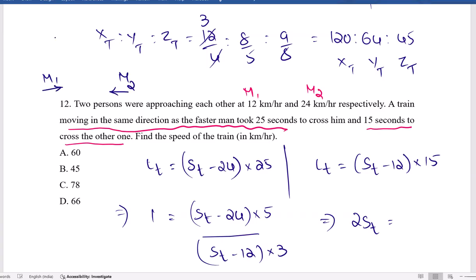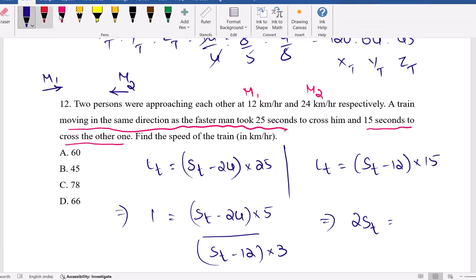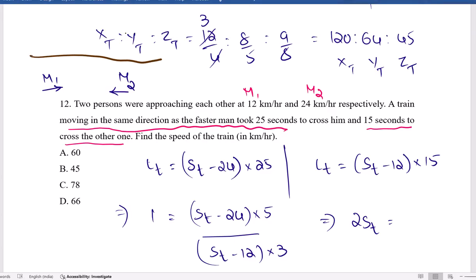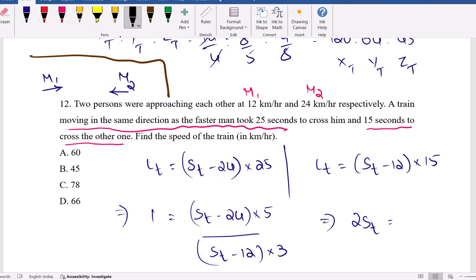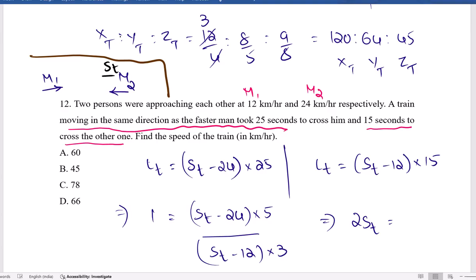Wait. Faster man in same direction, train is moving. Then for the slower man it is opposite direction. That's the level of question. Faster man, same direction means it is opposite direction to the slower man. You have to put plus. 120 plus 36, 156. So speed of the train is 78.